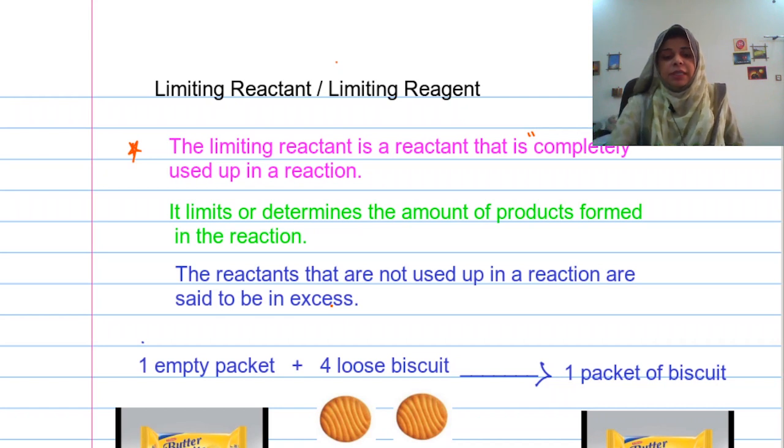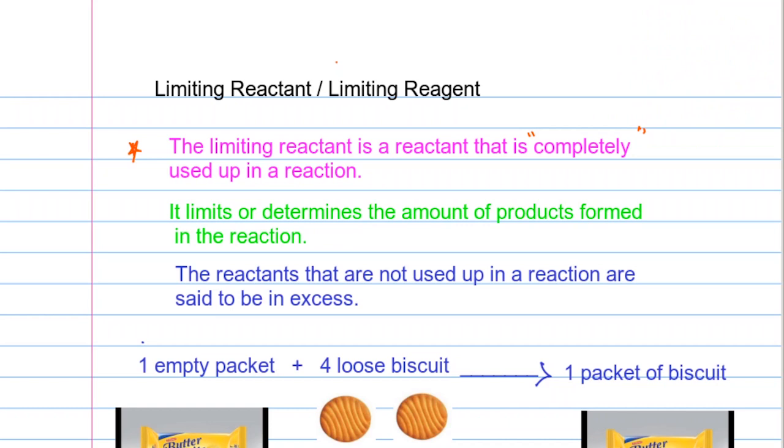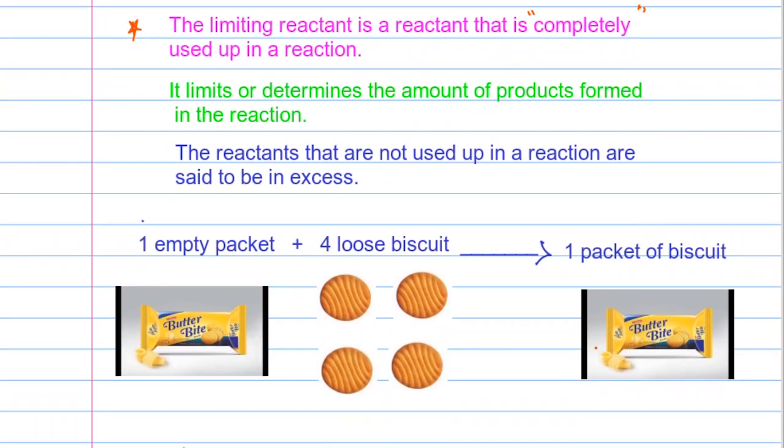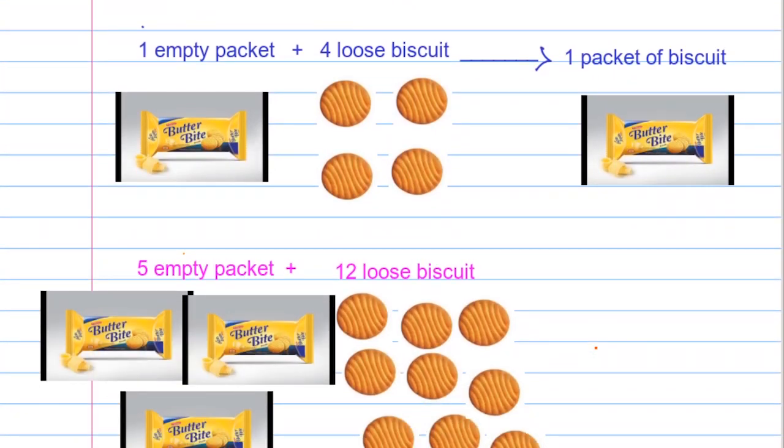So I will give you an understanding of these definitions with examples. So let's move on along with these examples. If we have one empty packet of biscuit and four loose biscuits, for one empty pack we use four biscuits. So if we use four biscuits in one empty packet, we will get one packet of biscuit.